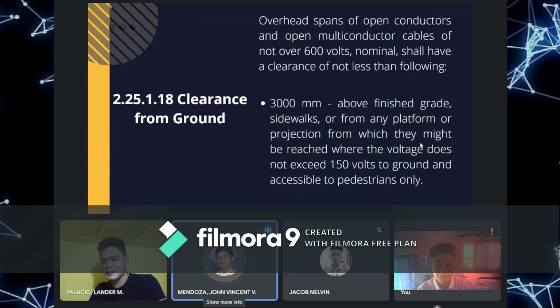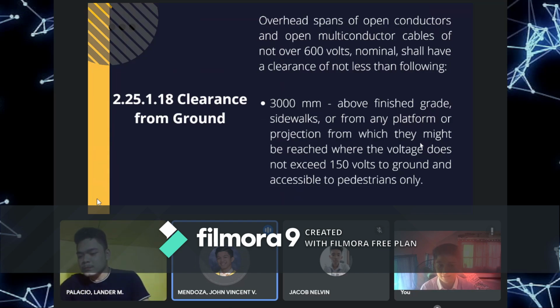2.25.1.18, nahati yung clearance natin sa apat na measurements. So ang sabi dito is overhead spans of open conductors and open multi-conductor cables of not over 600 volts nominal shall have the clearance of not less than the following.